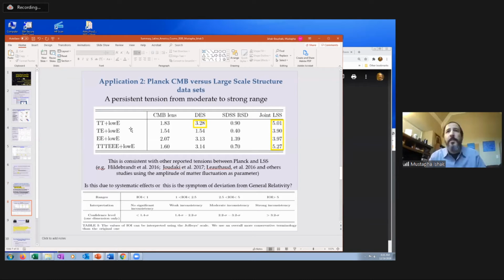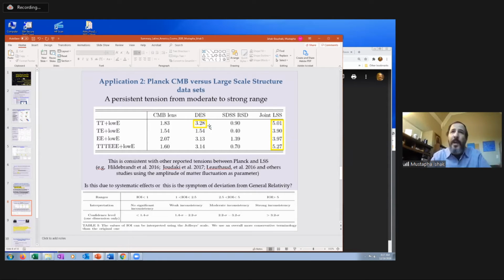We tried it for H0, for the obvious ones. We reproduced the results. We have something we call the index of inconsistency. And what I like about it is that the index of inconsistency is good at probing the overall volume of parameters to compare two data sets.